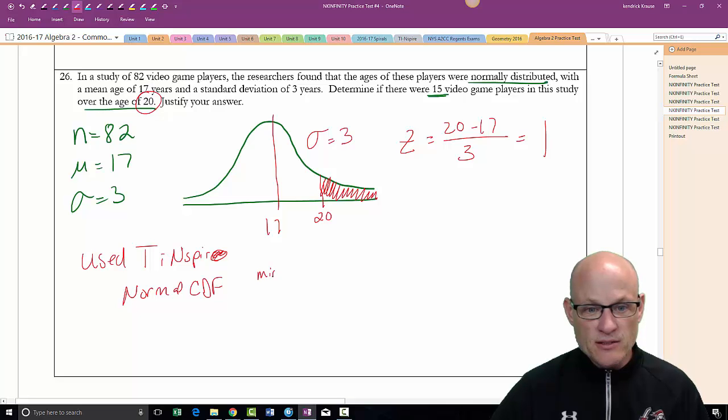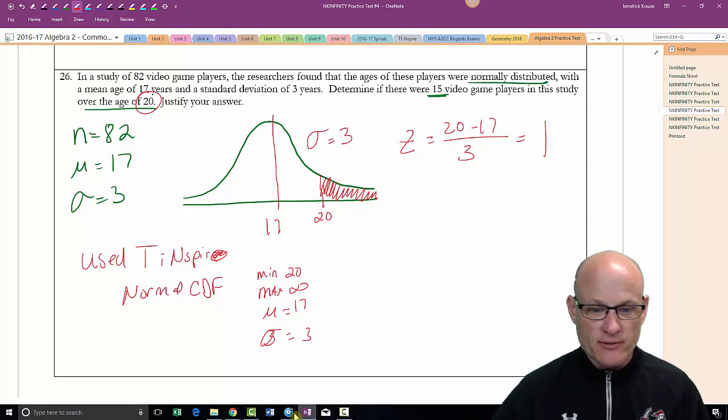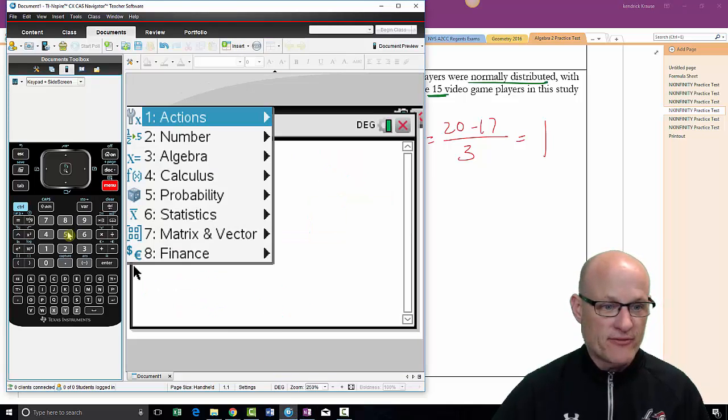Min is 20, max is infinity, mu is 17, and sigma equals 3. You really can't have an infinity age, but for the calculator, that's what we're going to use. So we'll go over to our calculator and use normal CDF, menu 5 5 2.